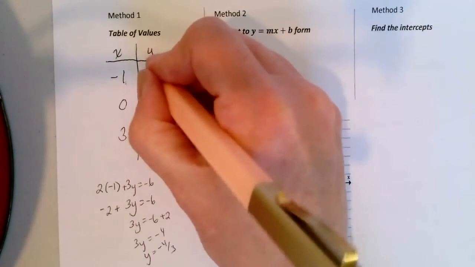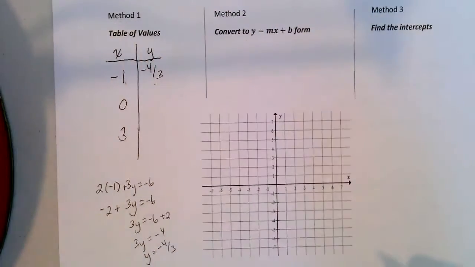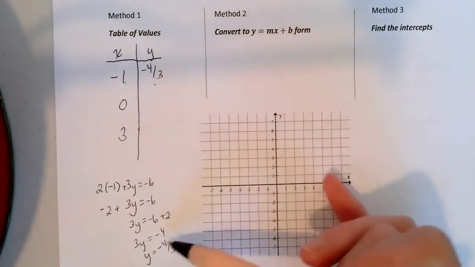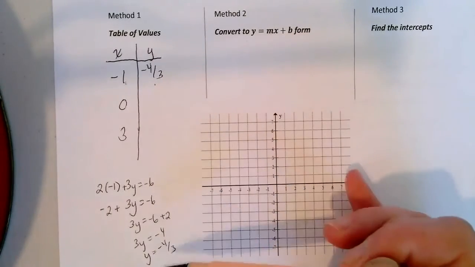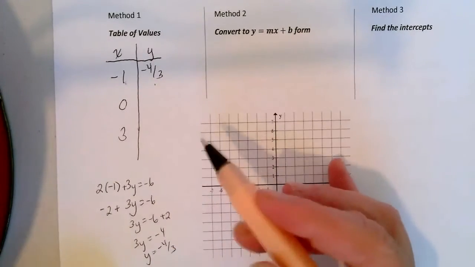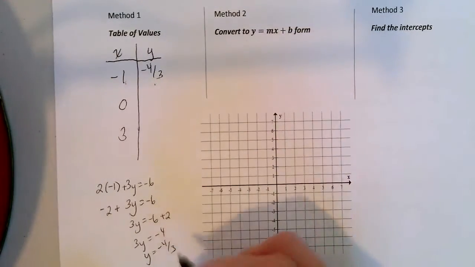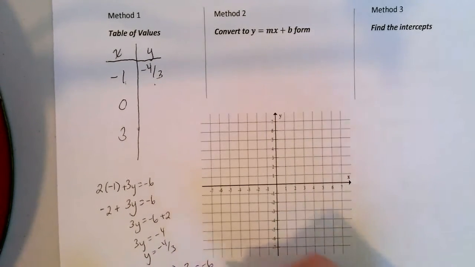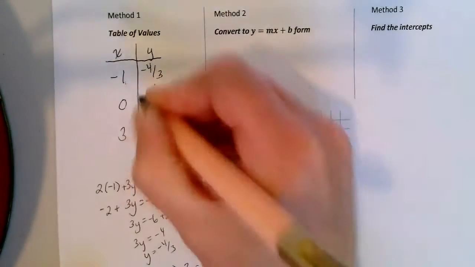Now, you can see it gets tricky here because we are going to end up with some decimal values here, which is going to make the graphing a little bit tricky. So this is why I would say at this point, this is not our best option. So if x is equal to 0, we have 2 brackets 0 plus 3y equals negative 6, so y equals negative 2.